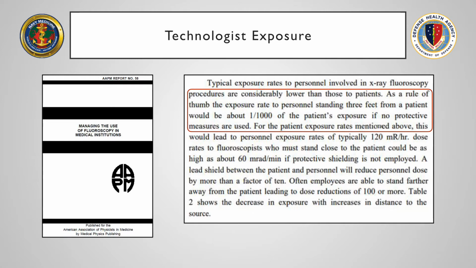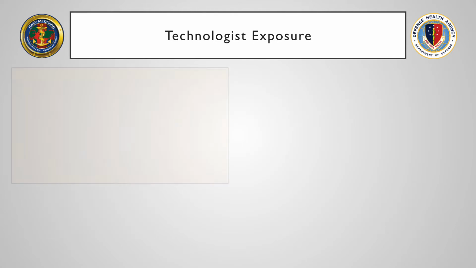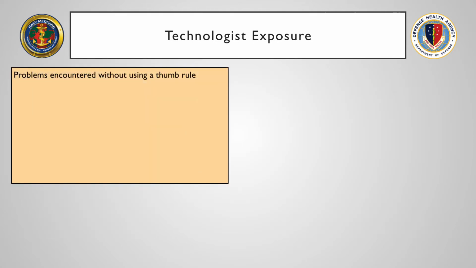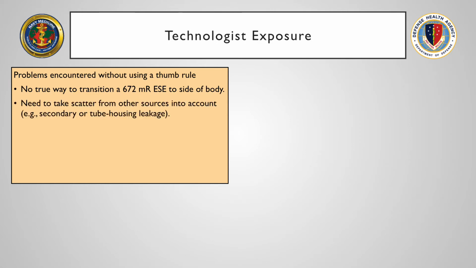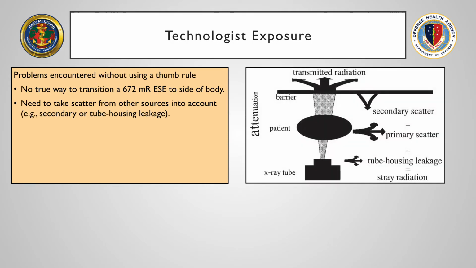Now, with that in mind, let's go back to our initial problem and compare the two and see where the solutions probably got their answer from. The problems you encounter without using a thumb rule: 1, there's no way to transition a 672 milliroentgen entrance skin exposure to the side of the body. You also need to take into account scatter from other sources, like secondary scatter from the table or tube housing leakage.